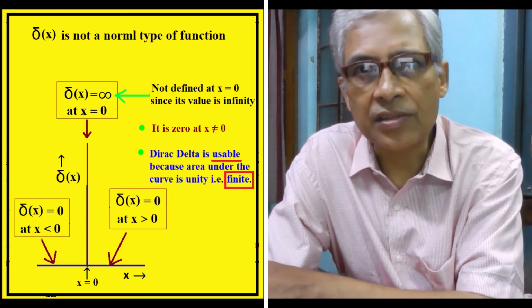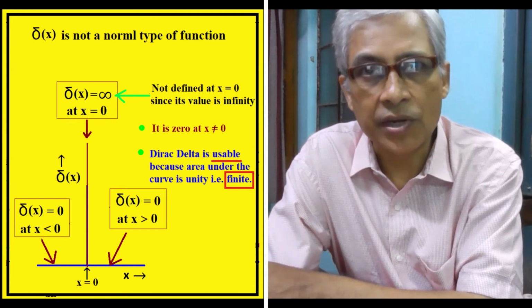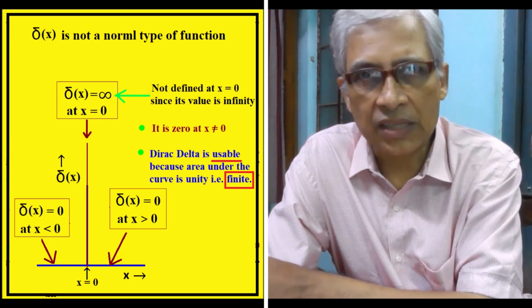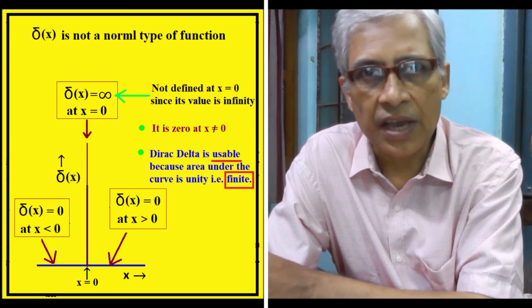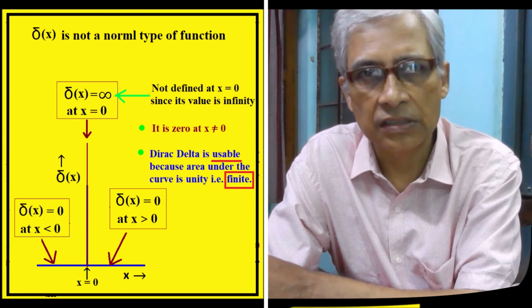It is a great thing that we have avoided the infinity that was threatening us. We can also use Dirac delta function in spite of it carrying an infinity. We can exploit its finiteness, and due to this property, the Dirac delta function has earned a significant place in physics.